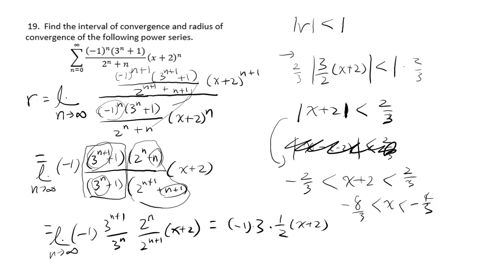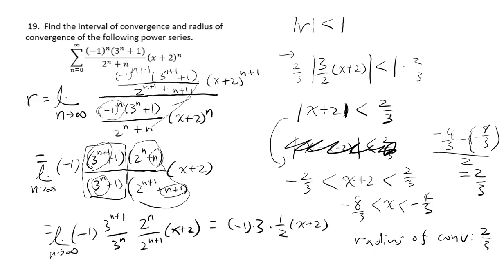So that's basically the interval. And what's the half of this? Well, the distance between these two is negative 4 over 3 minus negative 8 over 3. If you subtract them, you get the distance, and if you divide by 2, you're going to get 2/3 this way too. So either way, you're going to see that the radius of convergence is 2/3.